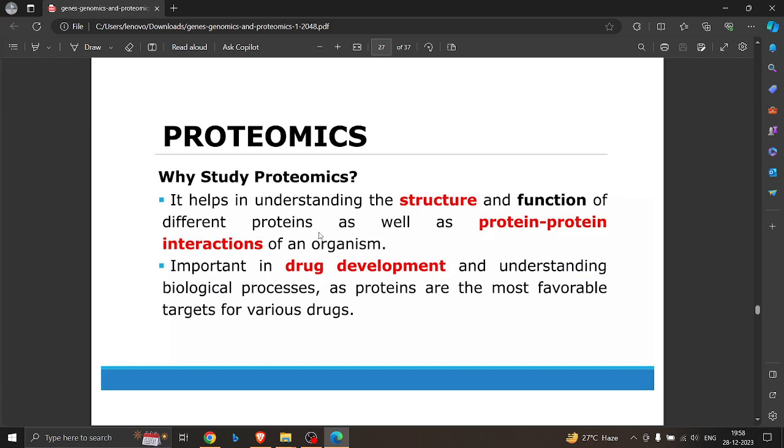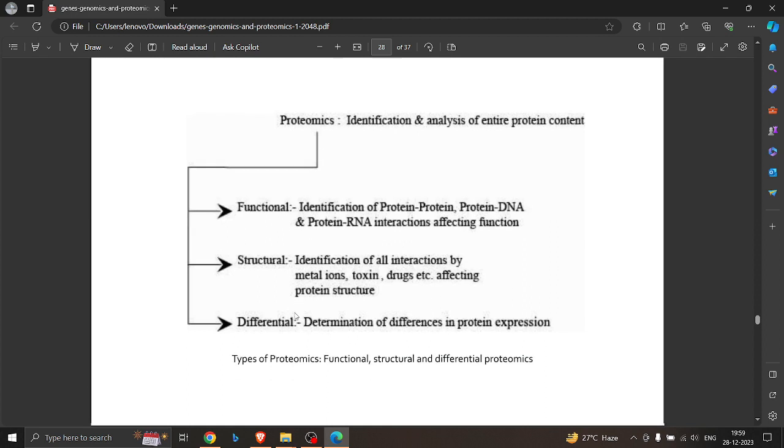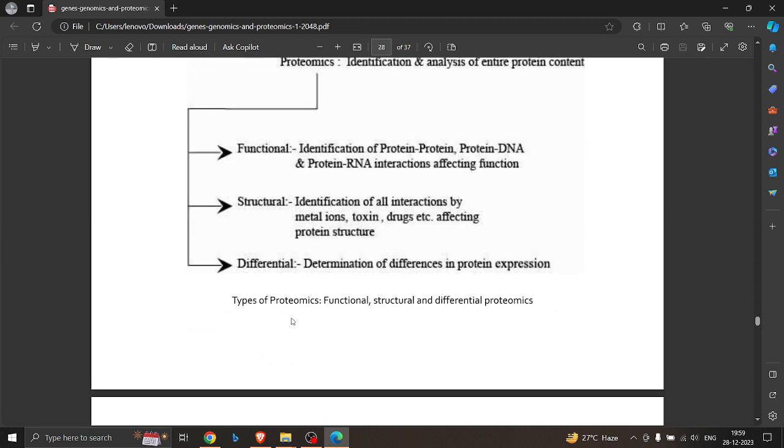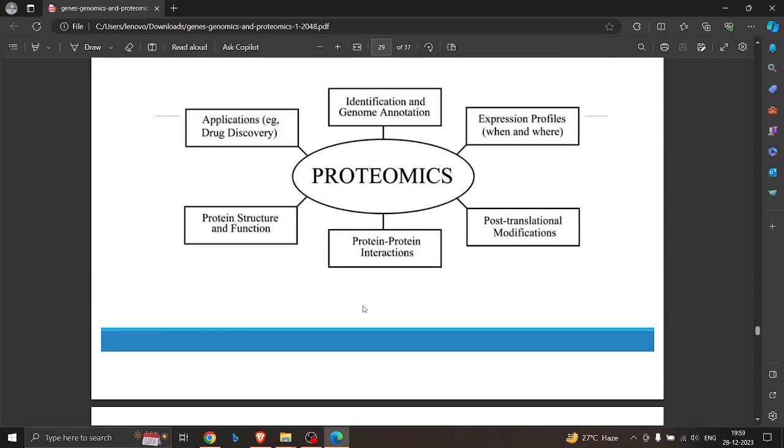It helps in understanding the structure and function of different proteins as well as protein-protein interactions of an organism, and it is also very important in drug development and understanding biological processes, as proteins are the most favorable targets for various drugs. So this is a chart which shows the functional, structural, and differential terms. This is a proteomics flow chart.